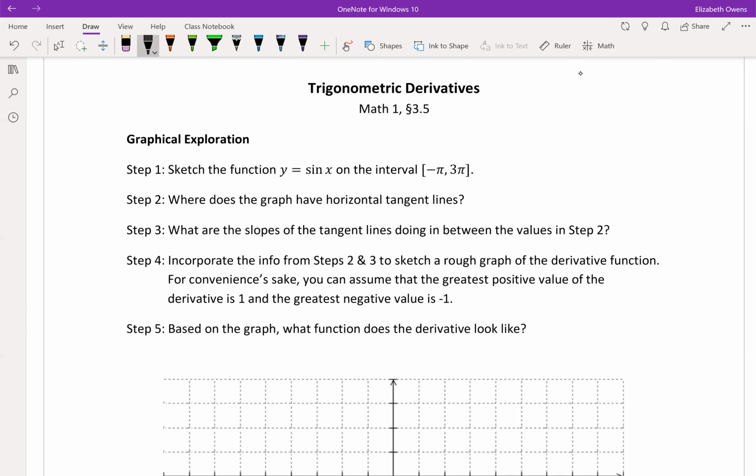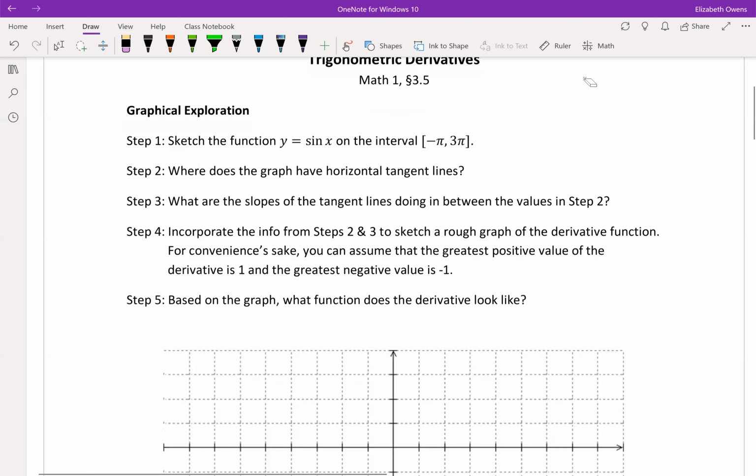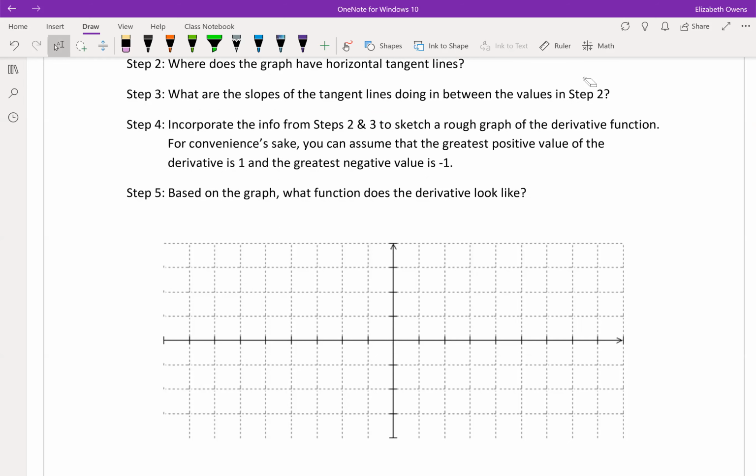We're going to start by sketching the function y equals sine x on the interval from negative pi to 3 pi. So let's start that out here. Got some grid lines, and I'm going to make our full height here be 1 unit, 0.5 there.